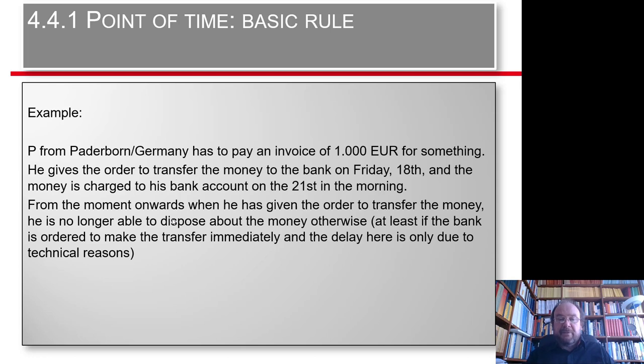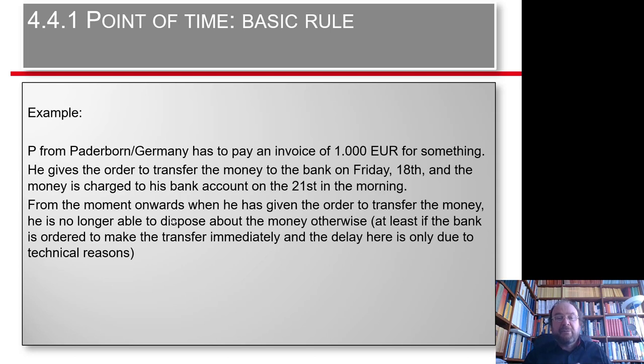Imagine Mr. P from Paderborn in Germany has to pay an invoice of 1,000 euro for something. He gives the order to transfer the money to the bank on Friday, but now the bank is a big fan of weekends, and so they only charge it to the bank account on the 21st.